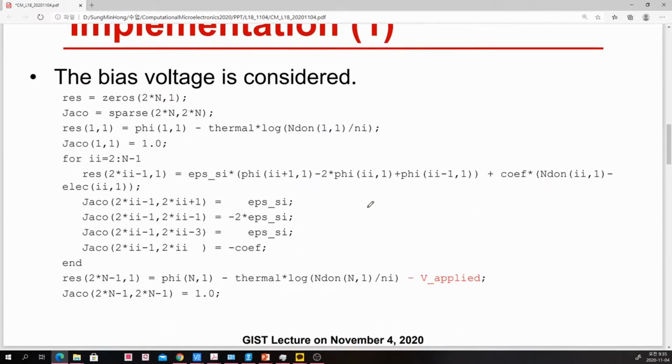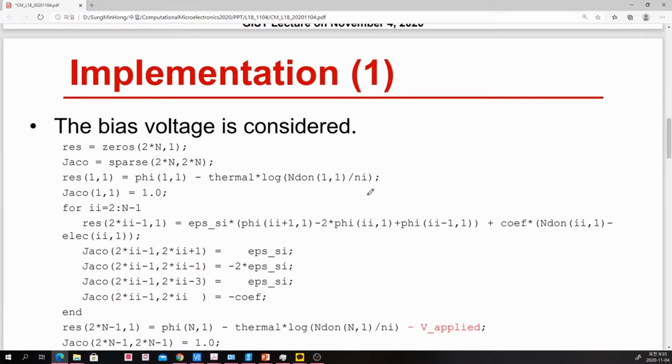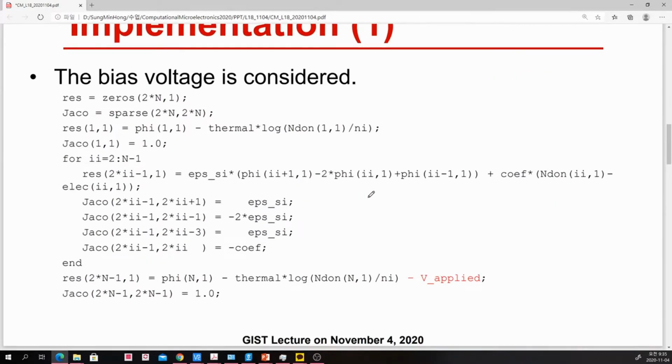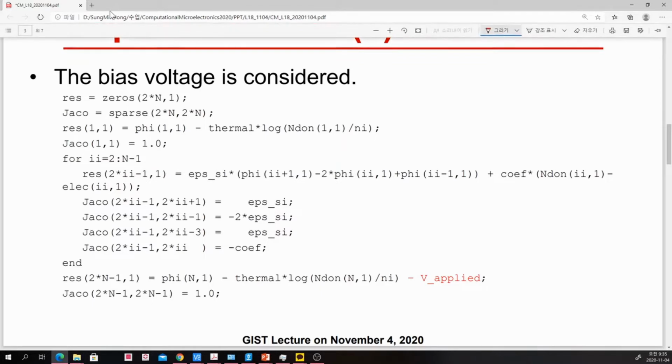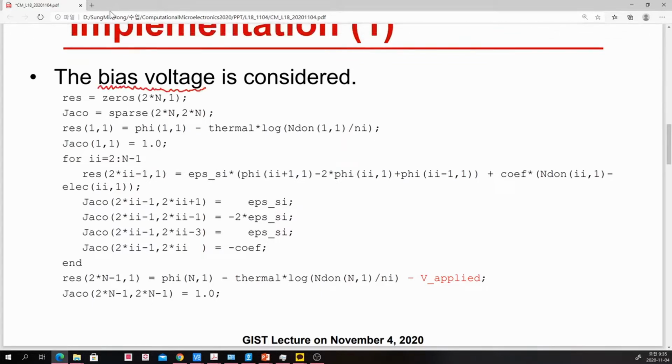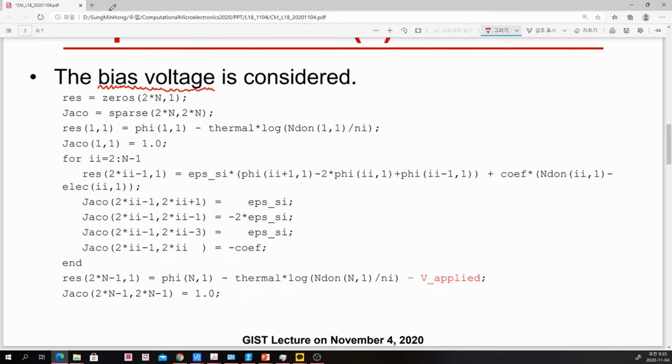I think that everybody has their own implementation. So this is simply based on my implementation, and here we have to consider bias voltage. Previously we have not considered bias voltage. It was assumed to be 0, but now we have to consider it.